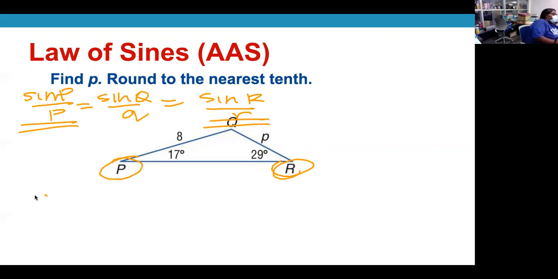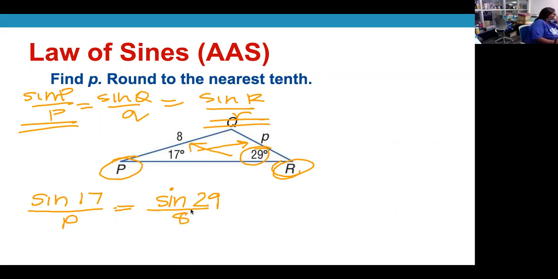So the sine of P is 17 over, across from 17 would be side P, so it's just 17. And that is equal to the sine of R, which is 29, and then across from 29 would be 8. So now this is just like a proportion.